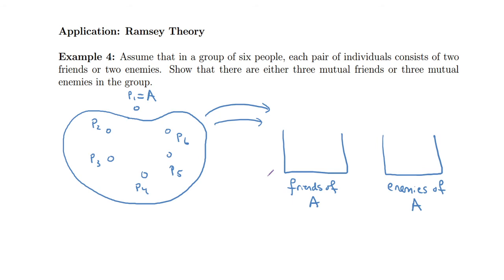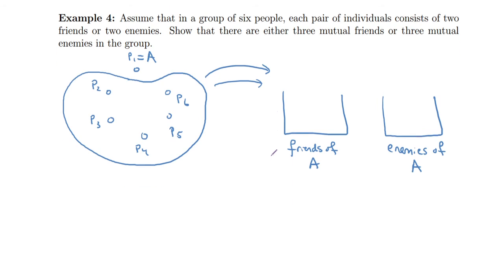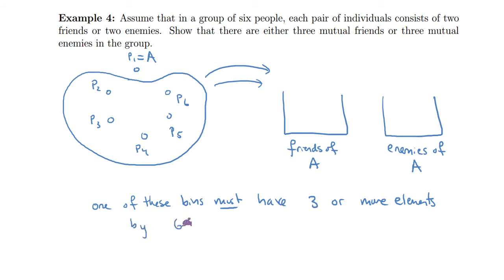By the generalized pigeonhole principle, what can we say? One of these bins must have 3 or more elements, and that's just by the generalized pigeonhole principle.